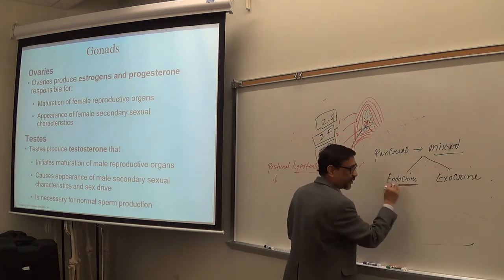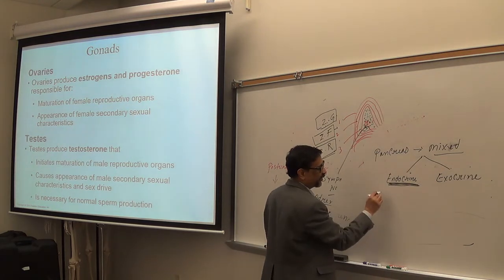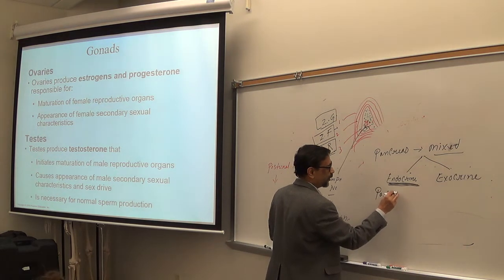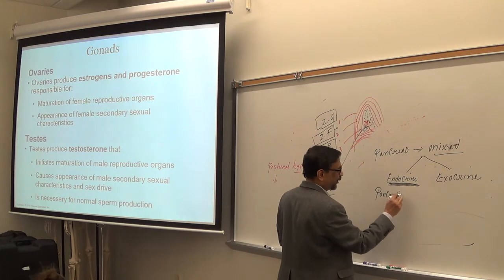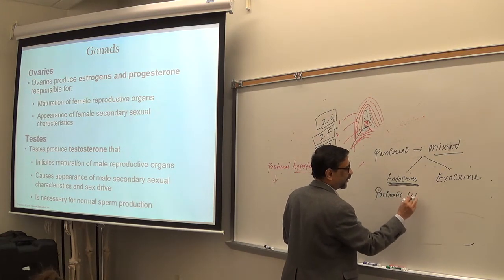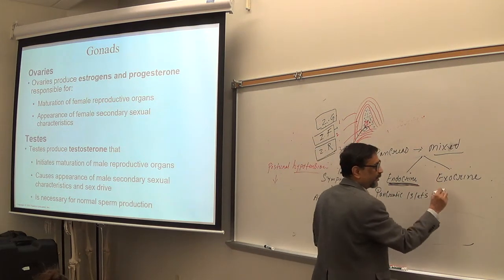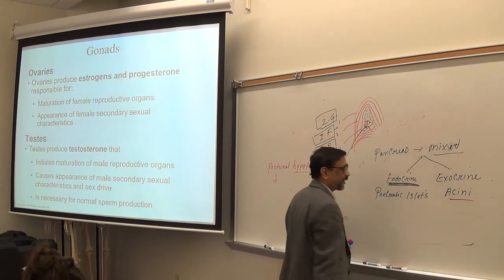The endocrine part, since we are talking about the endocrine system, I have already mentioned, is the pancreatic islets, also called islets of Langerhans, but just know the easy one, pancreatic islets. The exocrine part is called acini, pancreatic acini.